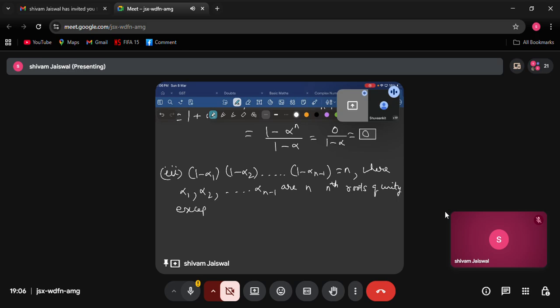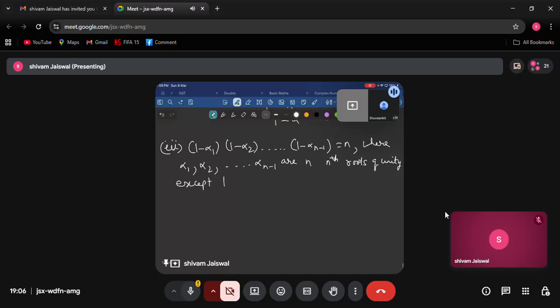Means I have not taken 1. If you take 1, then this product will be equal to 0 only, right? Okay, let us see the proof.